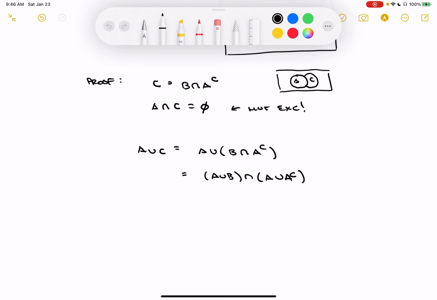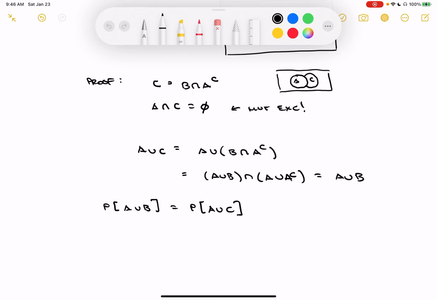But what's A union A complement? That's just S. S intersected with anything is just the anything. So this is A union B. So A union C is the same as A union B, right? From this, I know what? I know the probability of A union B, that's what I was trying to start with, is the same as the probability of A union C.